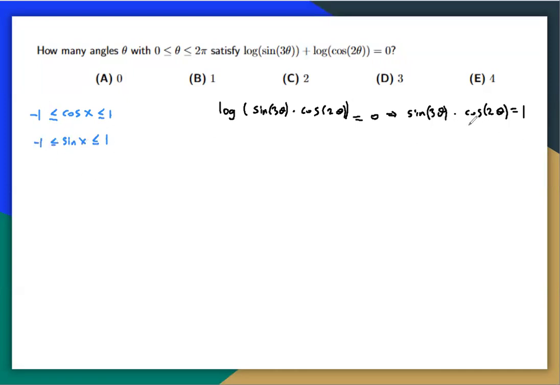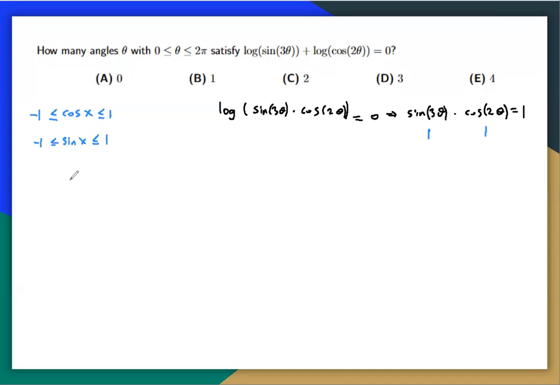When you multiply these two, we are interested in positive, so we don't really care about the negative version. We can just think about 0 to 1, 0 to 1. But when you multiply the values, you get 1. There's only one way that's going to happen: if this is equal to 1 and this is equal to 1. Otherwise, the product should be less than 1. But since we are told it's 1, that should be the case.